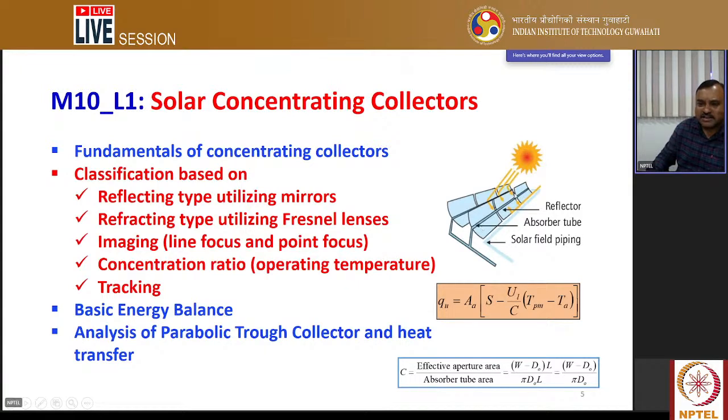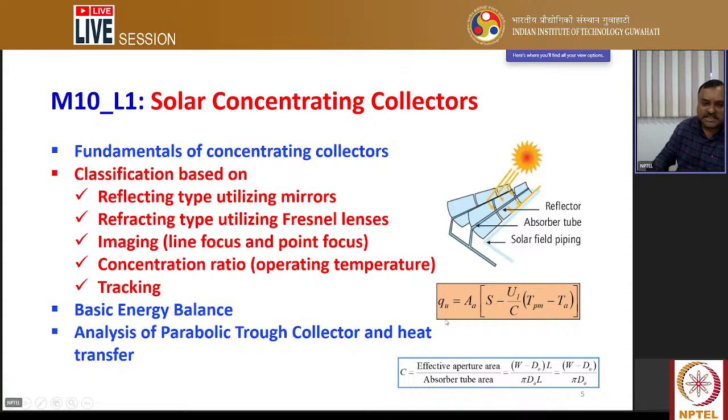Solar radiation falls on this concentrator, and then it is reflected to this absorber, through which the heat transfer fluid flows. Finally, we can store the heat in the heat transfer fluid, and that can be transferred to the working fluid if we use a Rankine cycle for power generation. Otherwise, we can use this heat for thermal application.